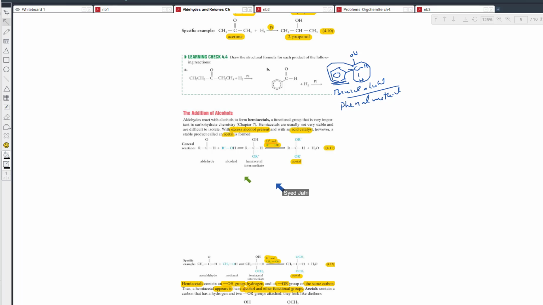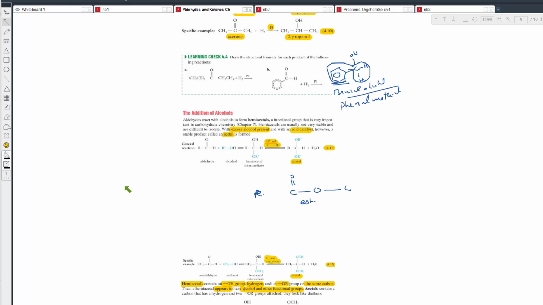Why hemiacetal? I will show you why we call it hemiacetal. What is the ester? Ester is like this: a carbon, oxygen, and another carbon. This is ether. But if there is a double bond here, it is an ester.